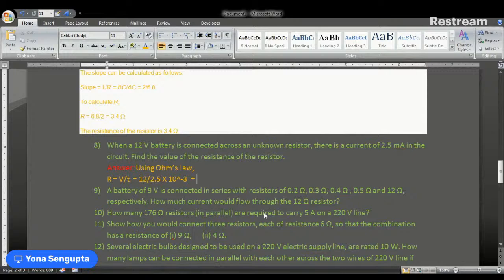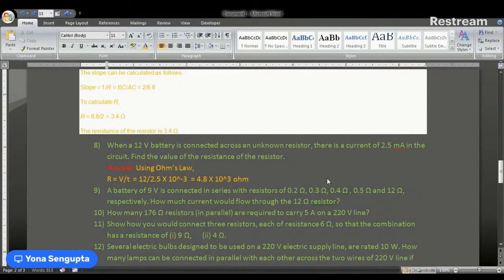So it comes as 4.8 into 10 to the power 3 ohm.